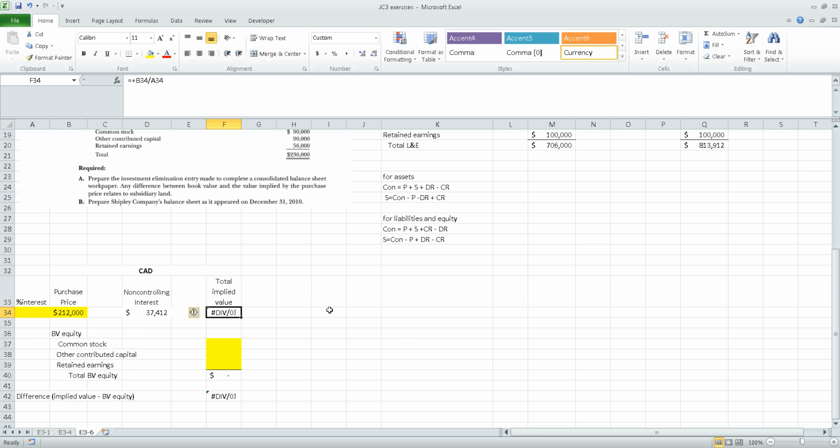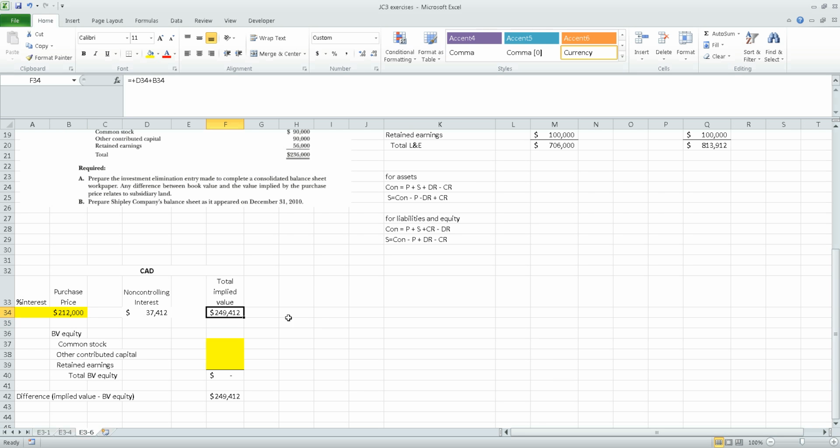And if we know what non-controlling interest was and we know what purchase price was, we can come up with what the total implied value was, $249,412. Again, we're working backwards. Normally what we would do in arriving at this is we would take the purchase price, divide it by the percentage interest purchased, and that would give us this number, and we would compare that number to this number, and the difference would be the amount assigned to the non-controlling interest in equity.